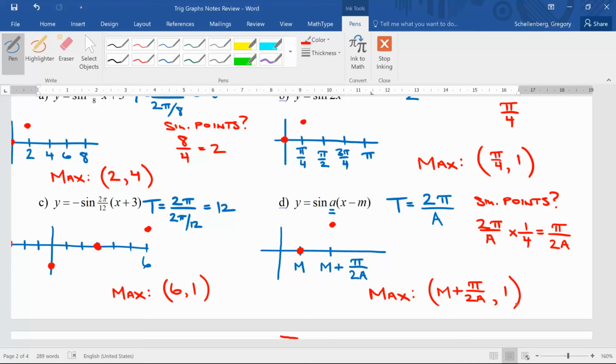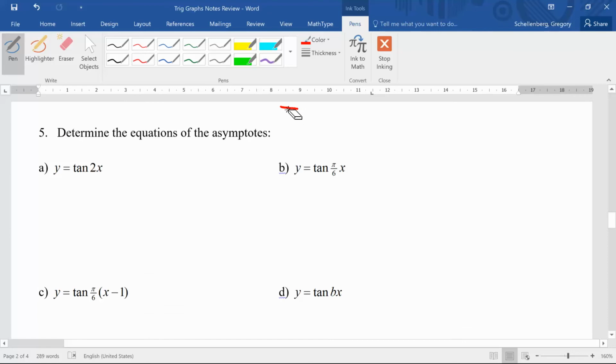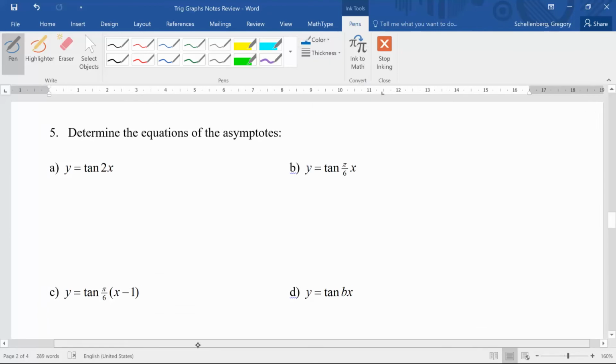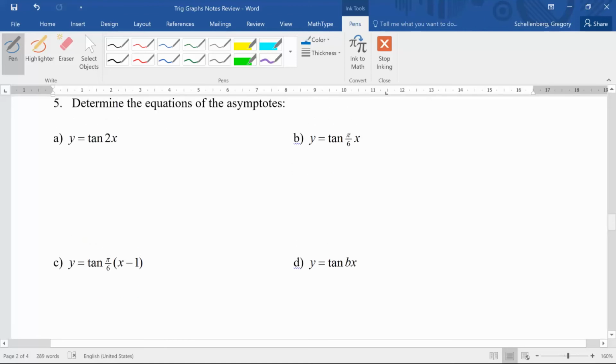All right, moving along. Determine the equations of the asymptotes. So we've got y is equal to the tan of 2x. So the big thing here, our period formula is pi divided by b, and our b value is 2.